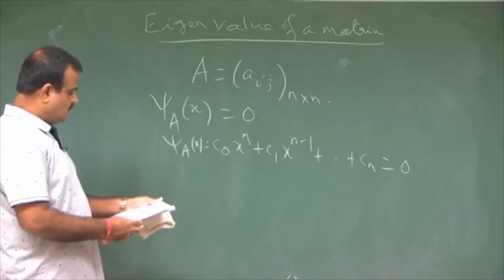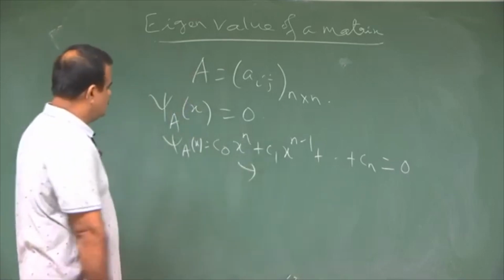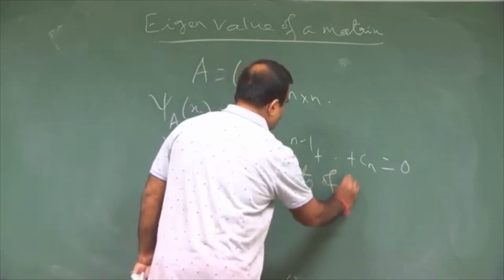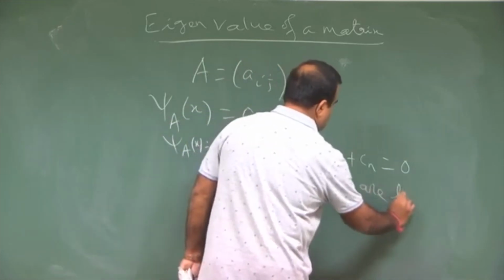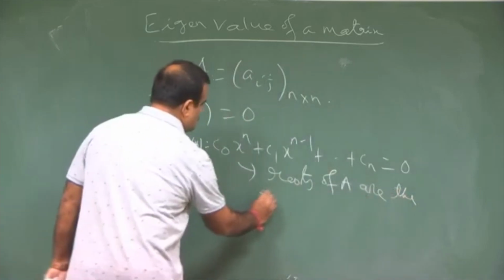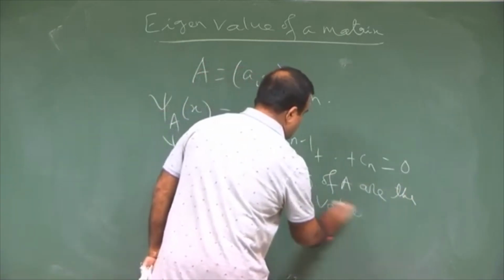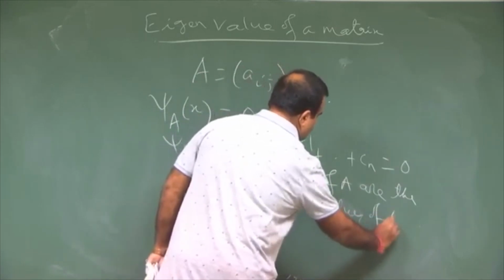Now, the roots of this are basically the eigenvalues of this matrix. Roots of phi A are the eigenvalues of A.